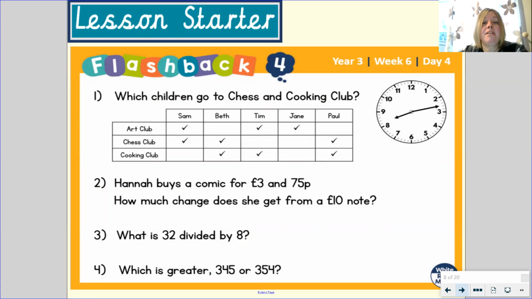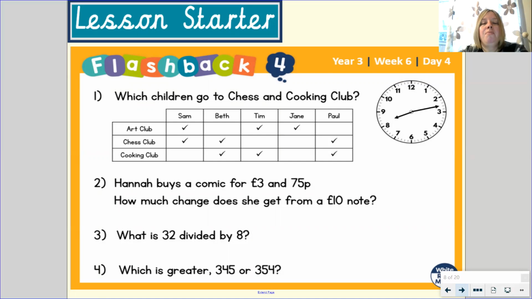Here's our lesson starter for today. I'm going to read the questions to you. Then I want you to pause your video and have a go at solving them on your whiteboard or on a piece of paper. Question 1. Which children go to chess and cooking club? So you need to read the information on the table to find out which children go to chess and cooking club.